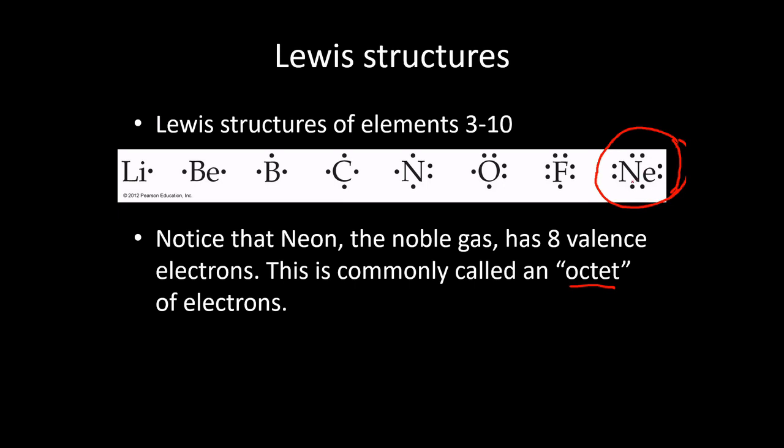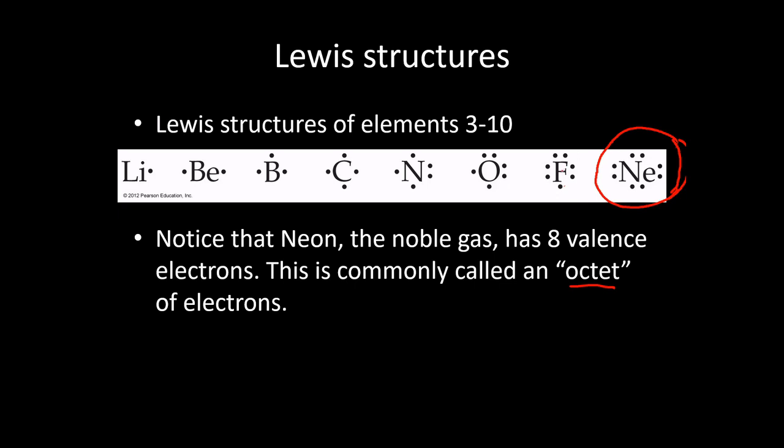Neon has 8 valence electrons, and it is very, very stable. Fluorine is 1 away from getting that octet, and so fluorine will do pretty much anything to get that 1 electron. It will steal electrons, it will share electrons if it has to, it will do anything that it can to get that octet.